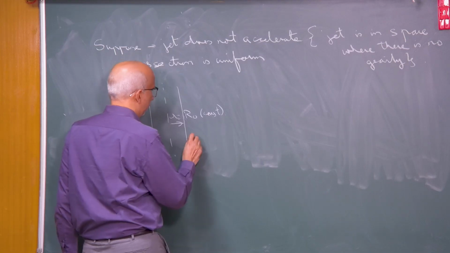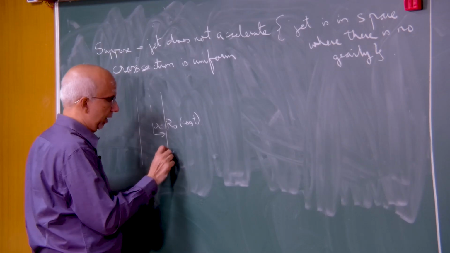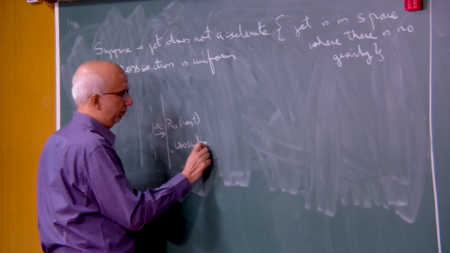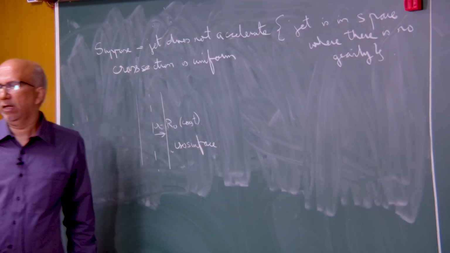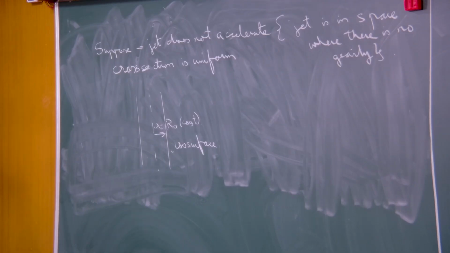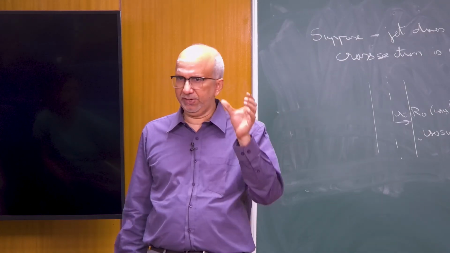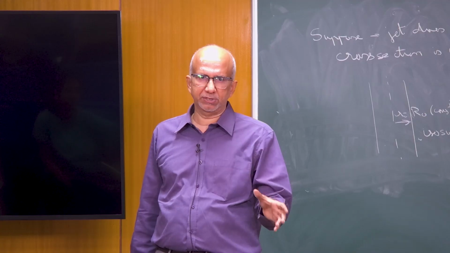I call this an iso surface, because one of the coordinates is constant, r is constant, an iso coordinate. So basically what I am saying is the surface here is very simple to define: r equal to constant, r naught.